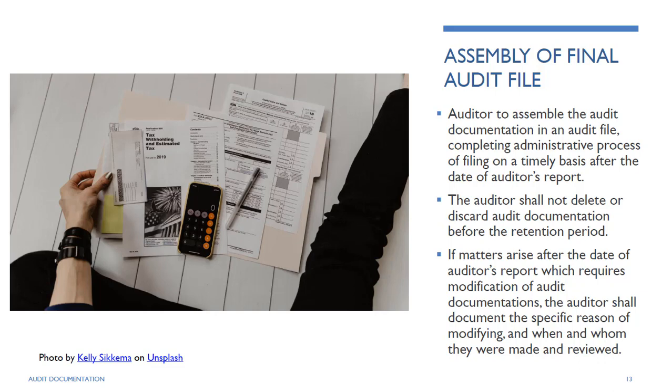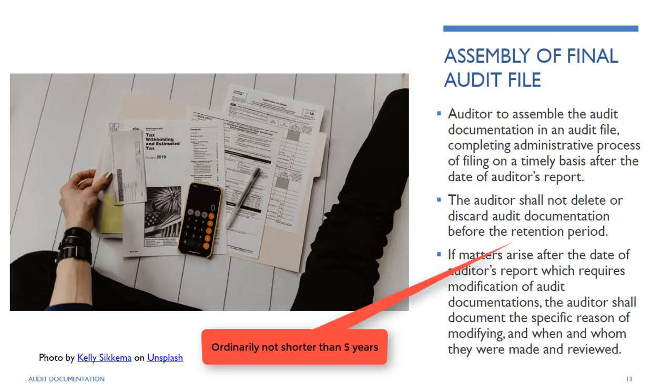This can be done after the date of the auditor's report. Keeping the file should be within the retention period required by law or as imposed by the audit quality control. The auditor shall not delete or discard it before the retention period ends.